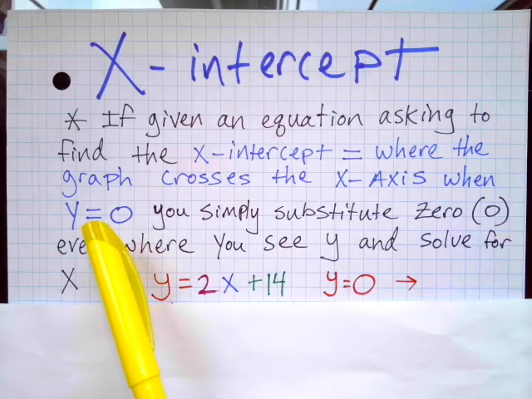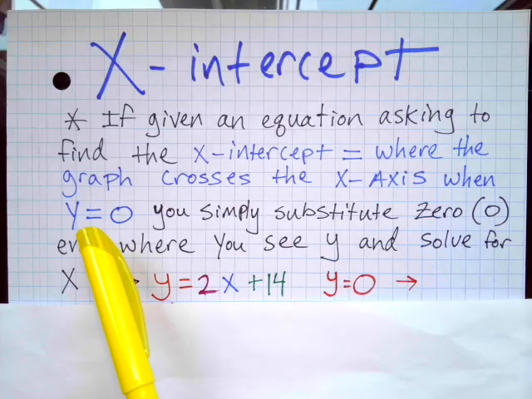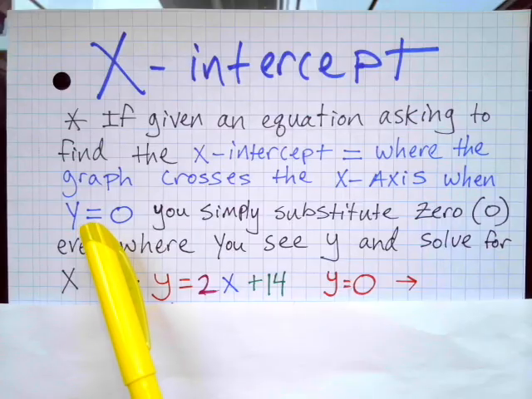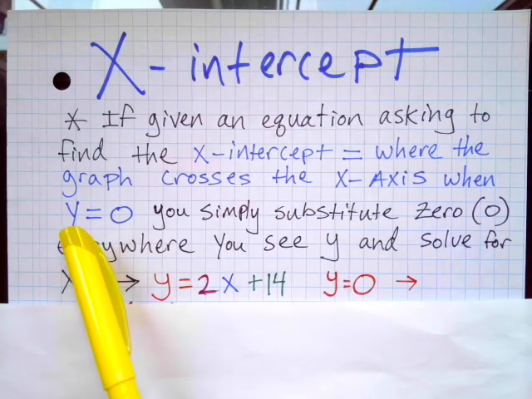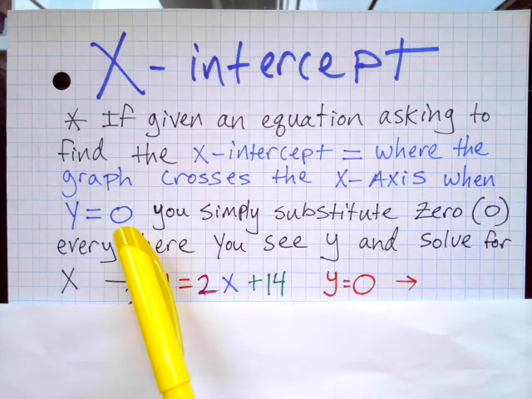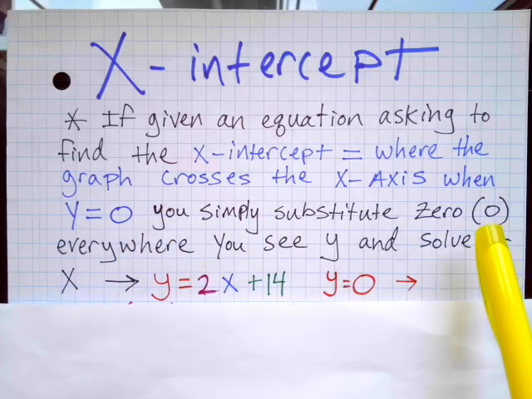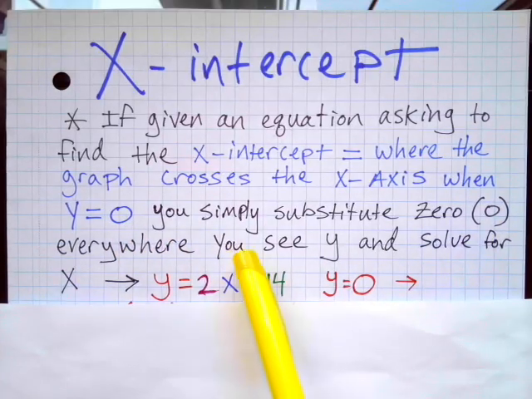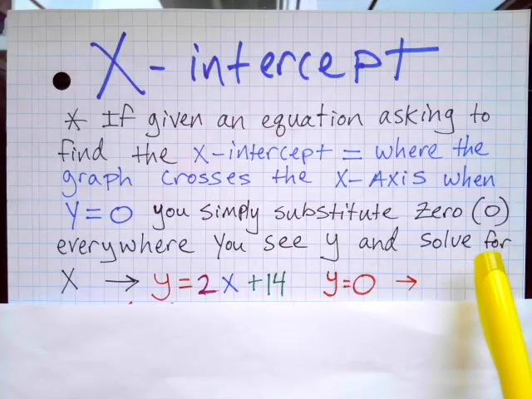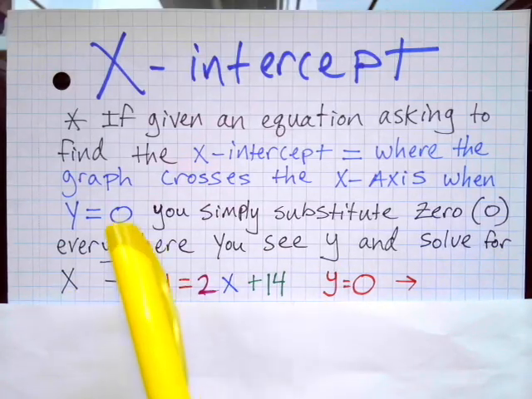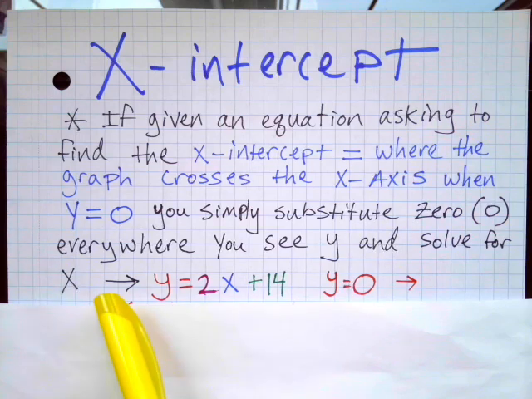If you remember in finding the y-intercept, it's where x equals 0 on the graphed line on the coordinate grid. Here, the x-intercept is where y equals 0. So you simply substitute 0 everywhere you see y and solve for x in order to find that x-intercept.